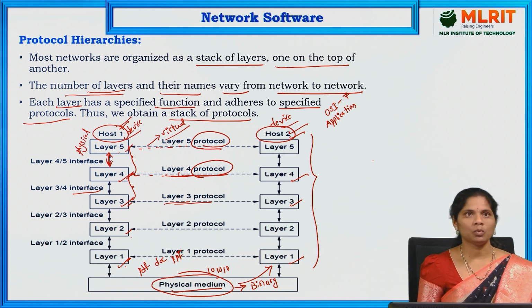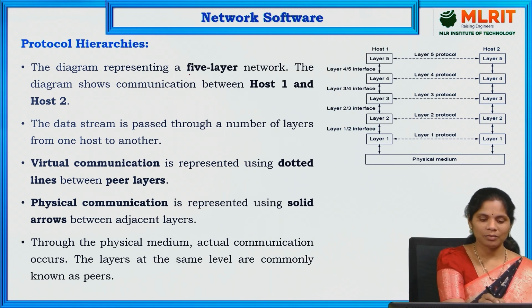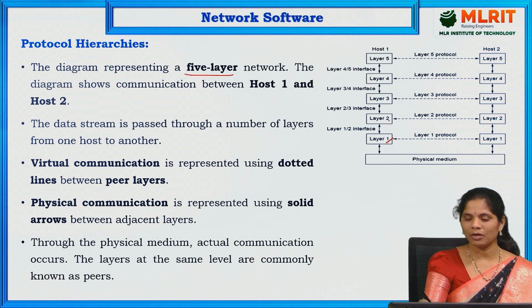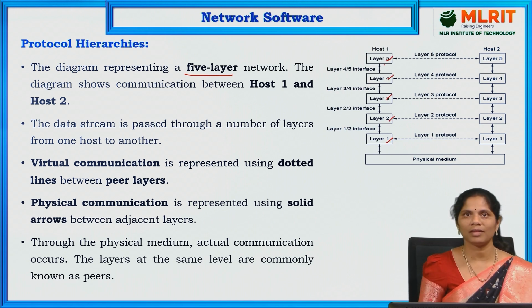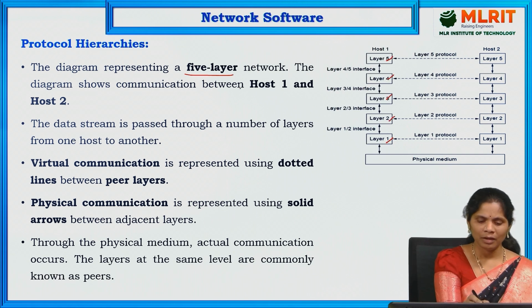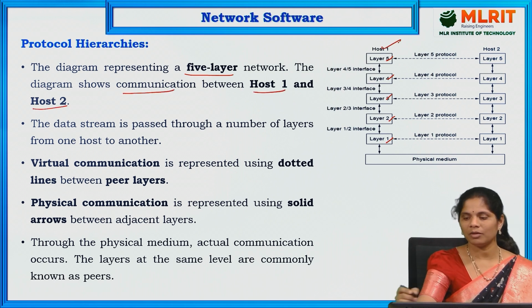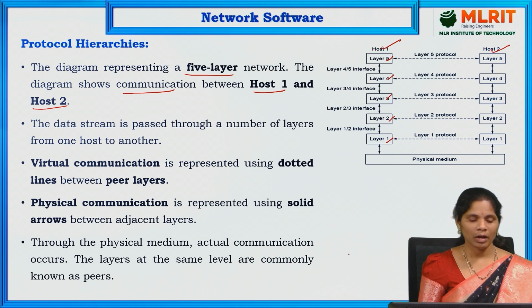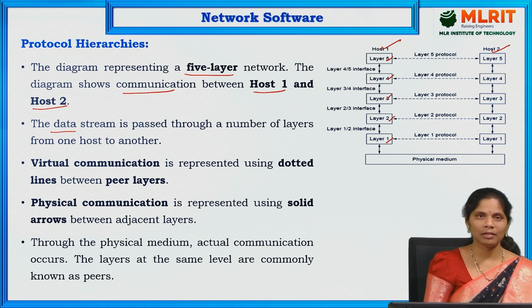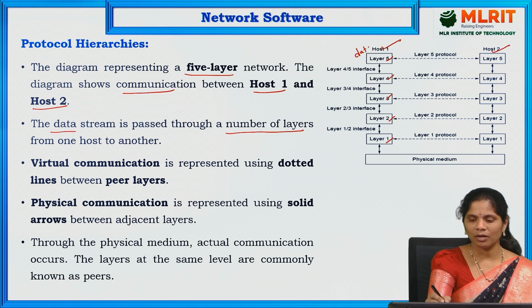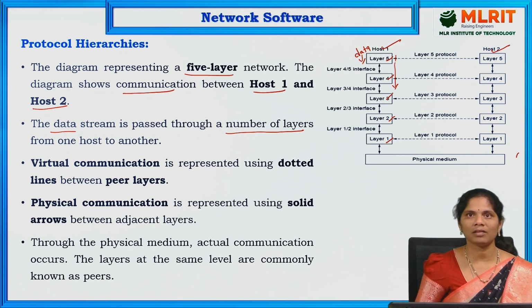Here, how many layers does the diagram have? Layer 1, 2, 3, 4, 5. It has 5 layers. At the same time, there is communication between host 1 and host 2. Whatever data is there is passed through the number of layers. If I want to send some data from host 1 to host 2, it is passed through all the layers in that particular host.